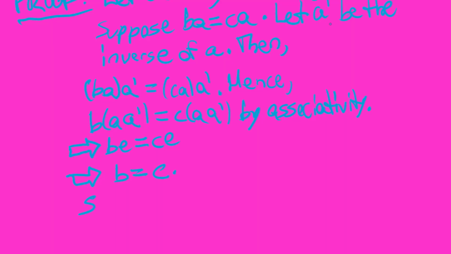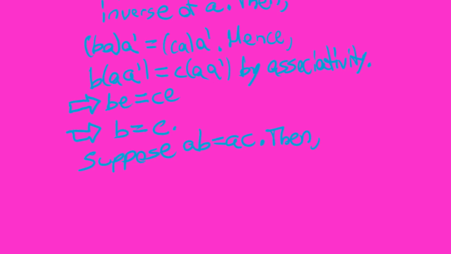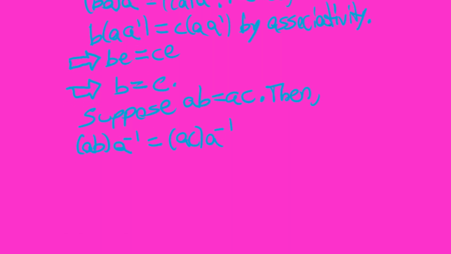And now let's suppose that AB equals AC. So then we have AB A inverse equals AC times A inverse.